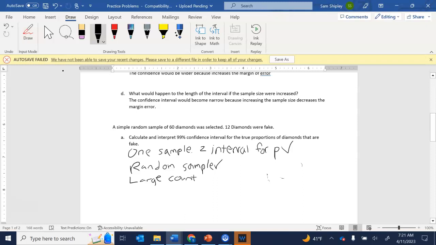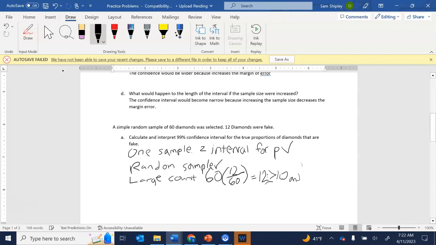Our sample size by the question is 60. Then we'll open parentheses. 12 is the number that goes on top because it's the interval that we're looking for. When you do that, you'll get 12. So 12 is greater than or equal to 10. Okay, so far we're looking good.